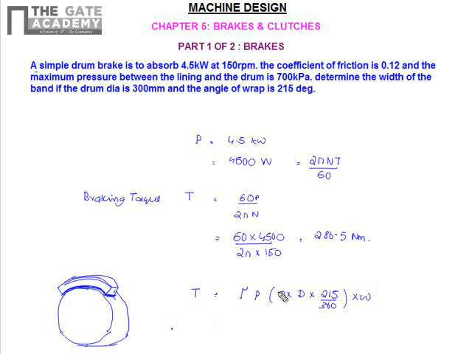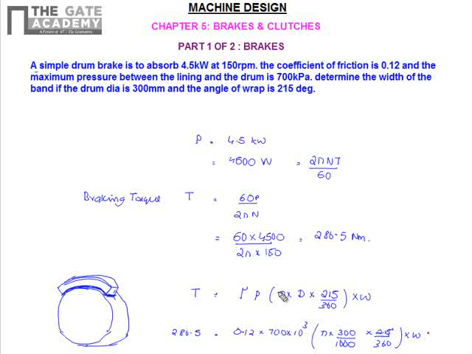So we'll substitute the values. 286.5 is equal to mu, which is 0.12, and the pressure is 700 kilopascal, 700 into 10 power 3, into pi into the diameter, which is 300 mm. We'll make it in meters, so 300 by 1000, into 215 by 360, into W. So we get W in terms of meters.